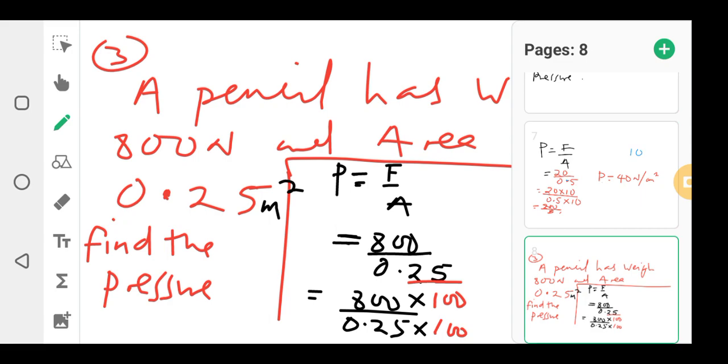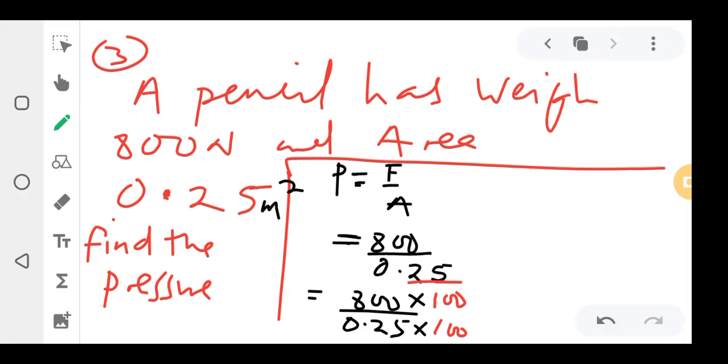Okay, so it will be 800 times the 100. It will be 80,000 divided by, the decimal point will disappear. What will remain is only 25.